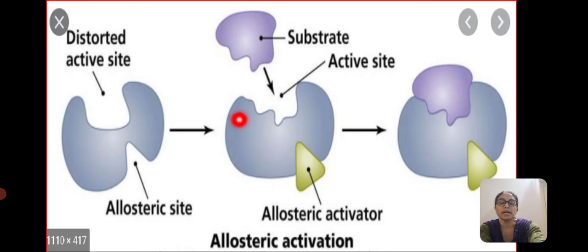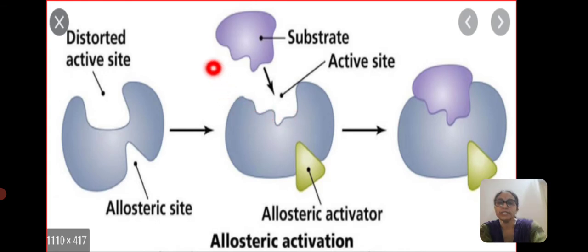Once the isoleucine is completely utilized by the Escherichia coli, then once again there is a need for the production of isoleucine. At that time the same inhibitor or regulator is going to change into an allosteric activator, and once again it will correct the active site for the first substrate to come and bind.